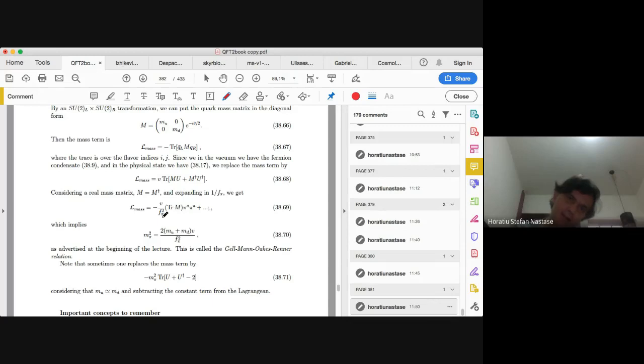This quadratic term is over f_pi squared, so it's minus V trace M π^a π^b over f_pi squared.